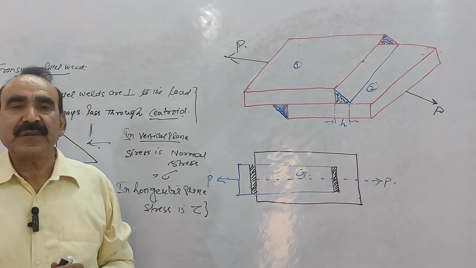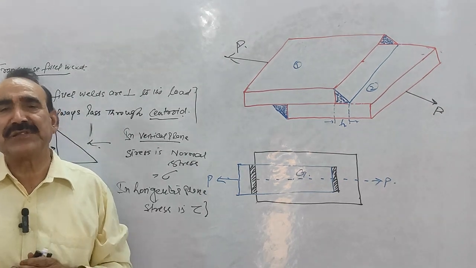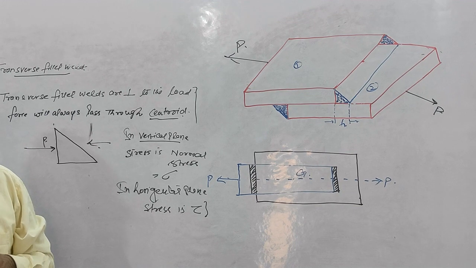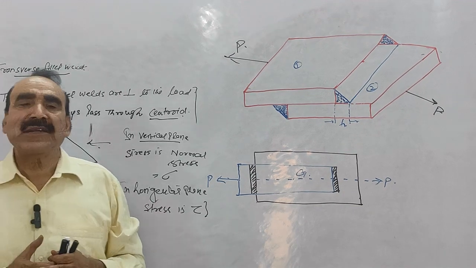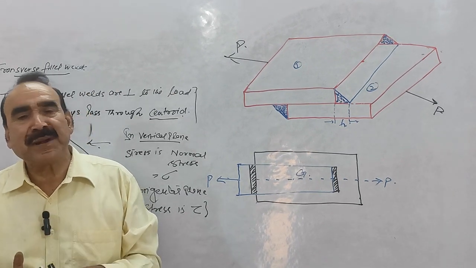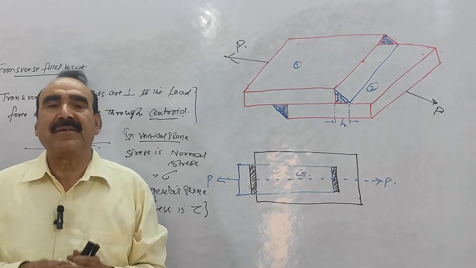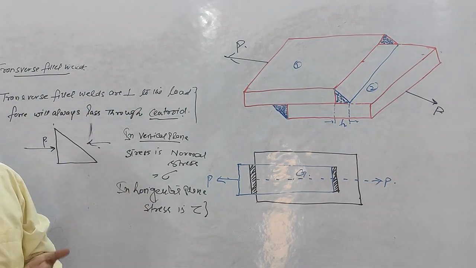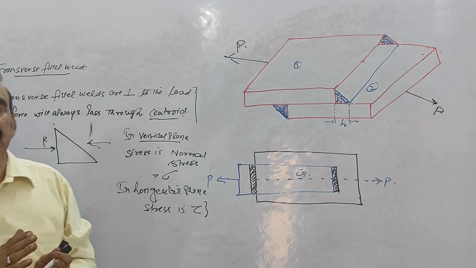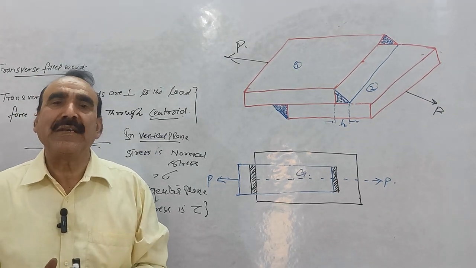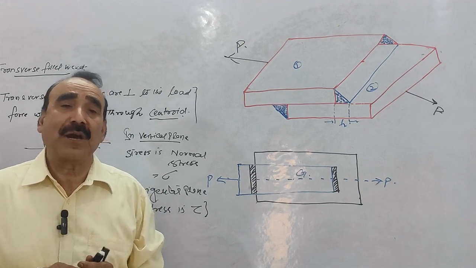Now we have to find out the maximum stress. Where is the maximum stress? In this case also, we will consider the plane which is neither perpendicular nor parallel. इस केस में हम एक प्लेन कंसिडर करते हैं जो ना ही परपेंडिकुलर होगा, और ना ही पैरेलल होगा, राइट.